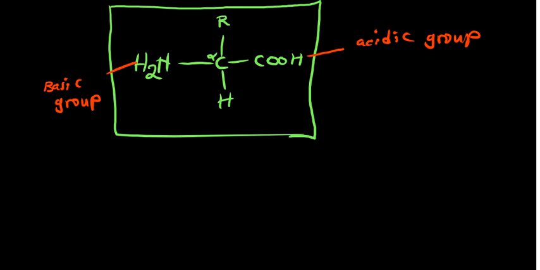So when you have two carboxyl groups, that means the amino acid is going to be an acidic amino acid. So when you have two carboxyl groups, let's even write it.